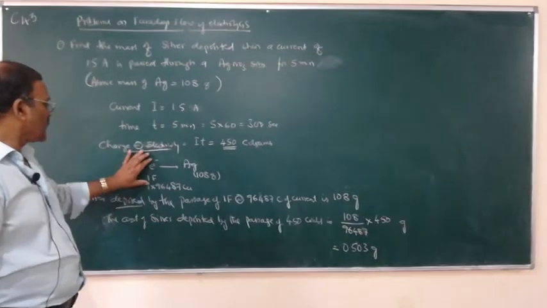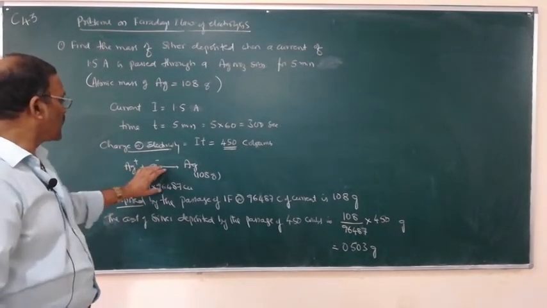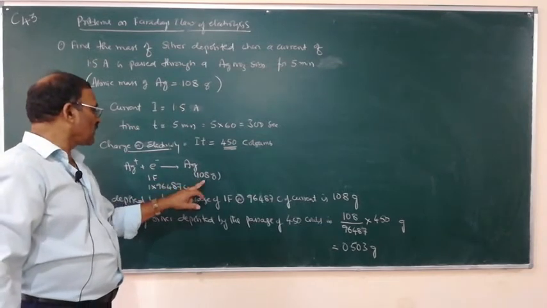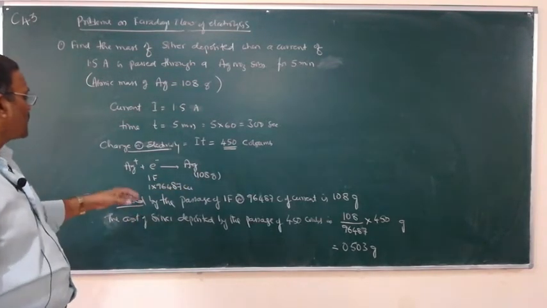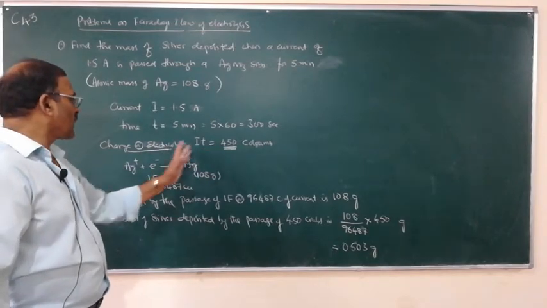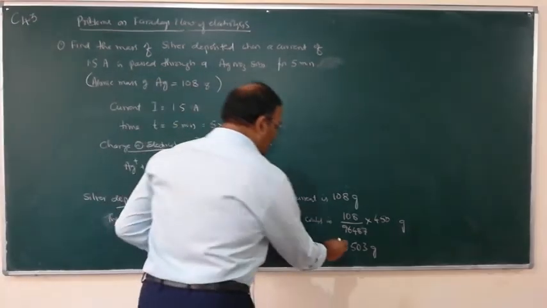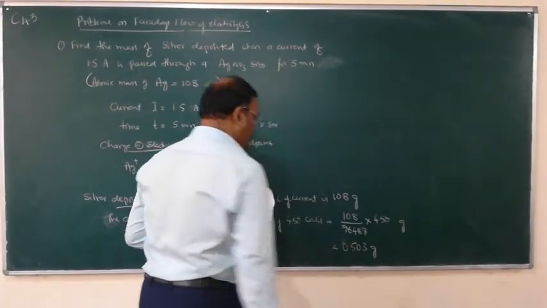So when this much of current is passed through silver nitrate solution, this much of silver is deposited. Therefore, the amount of silver deposited when 450 coulombs of current is passed is 0.503 grams.